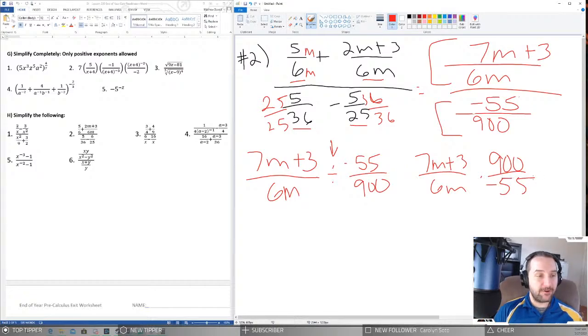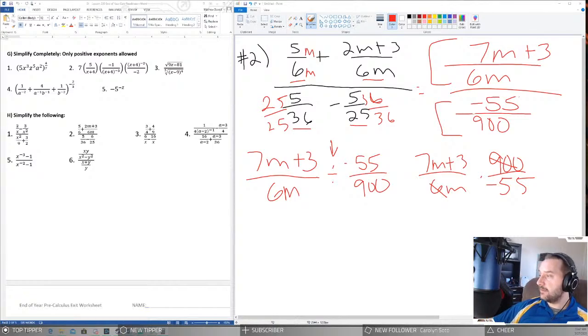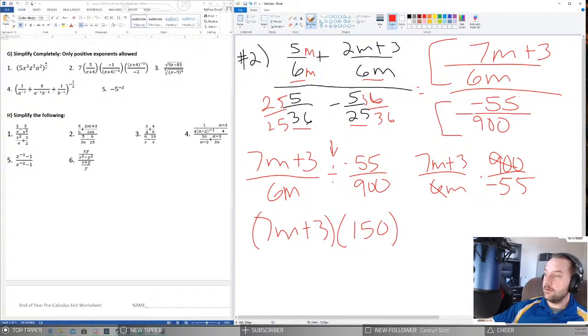Now we want to see, are there any factors that reduce? So between 6 and 900, I believe 900 is divisible by 6. So you get 150. So I'm just going to kind of combine those together. So you're going to get 7m plus 3 times 150 over negative 55m.